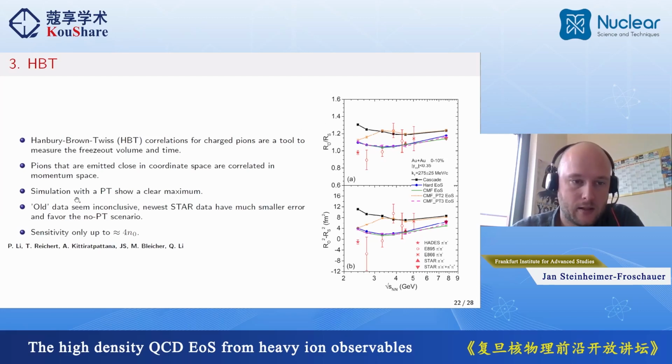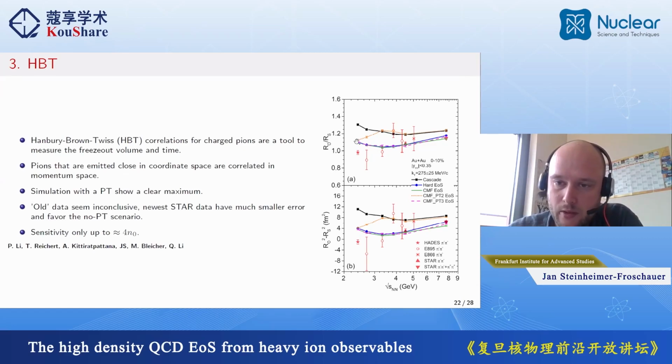So we again did our simulations. We calculated the pi plus HBT radii, which are called R out and R side. These are just perpendicular vectors in this correlation function. And what we see, just look at these lines down here.